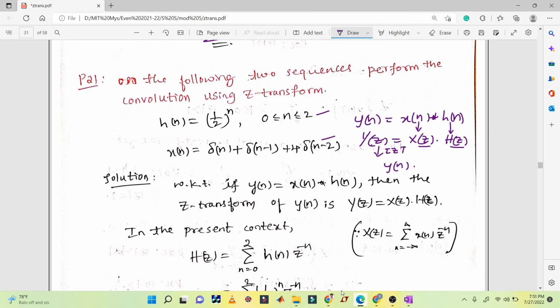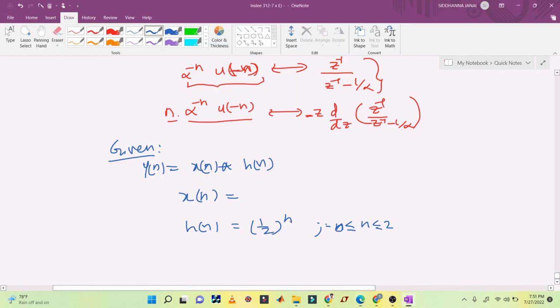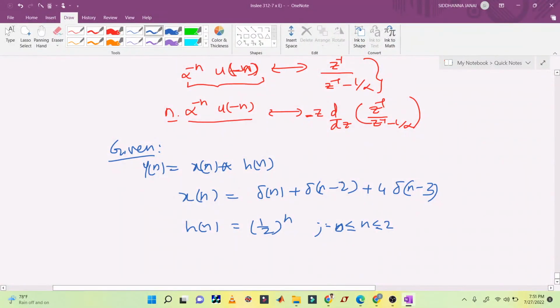Delta n minus 1, 4 delta n minus 2. X of n is delta n plus delta n minus 1 plus 4 into delta n minus 2.